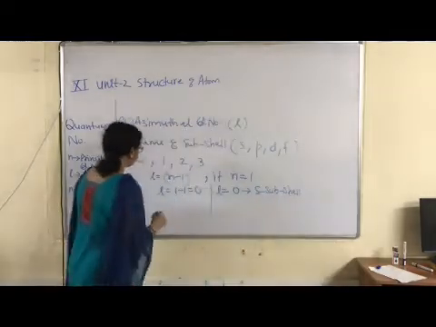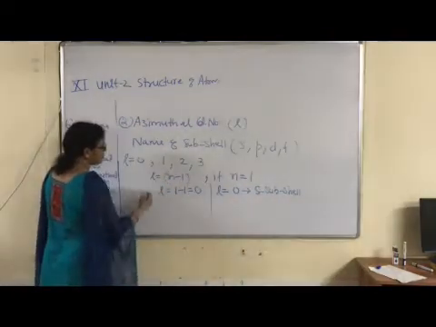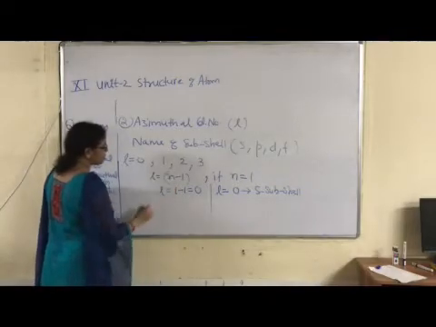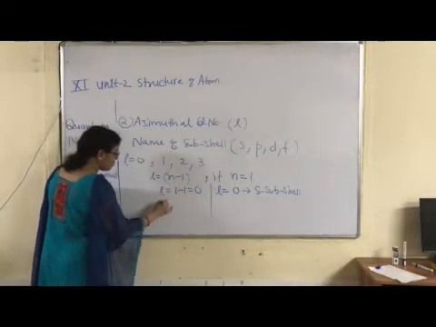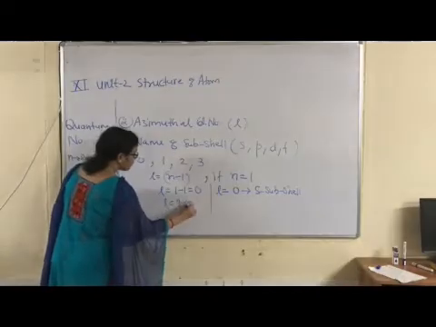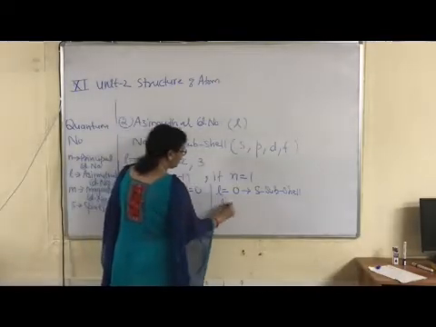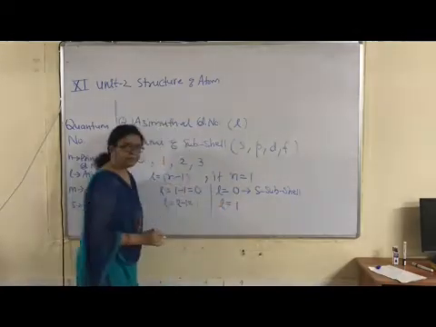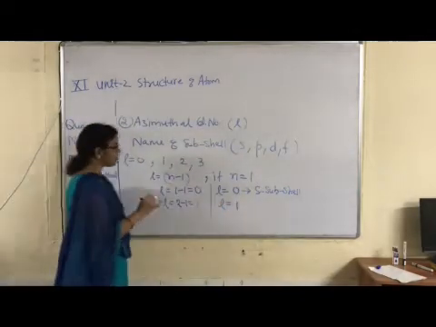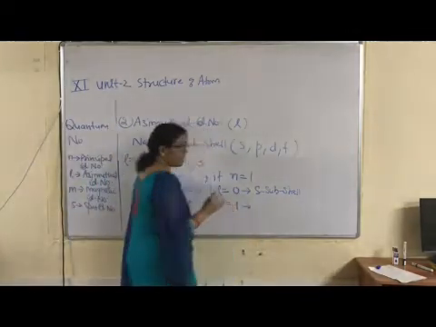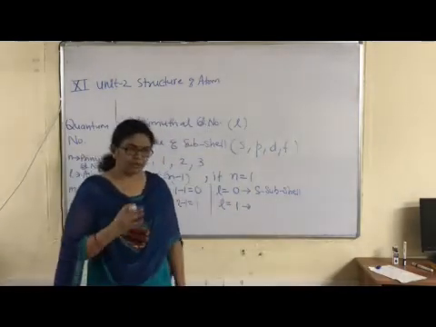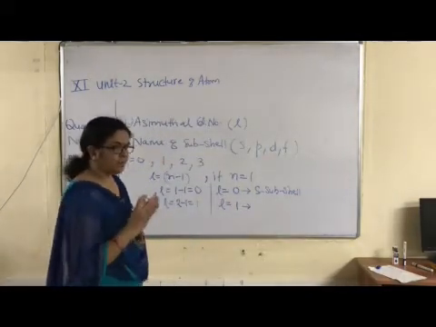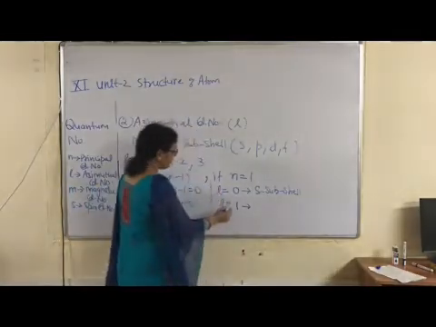Children, second, if n is equal to 2, 2 minus 1 is equal to 1. So the second value of the secondary quantum number or azimuthal quantum number is equal to 1. If l is equal to 1, it means the electron is present in an orbital of the p subshell.